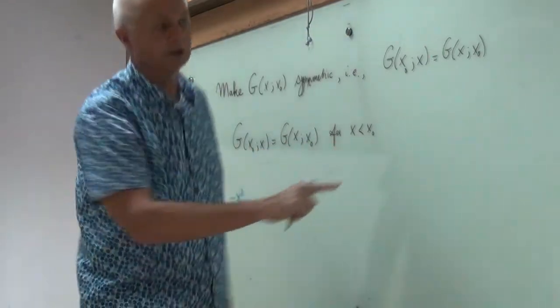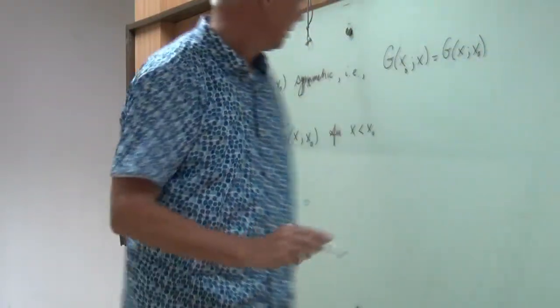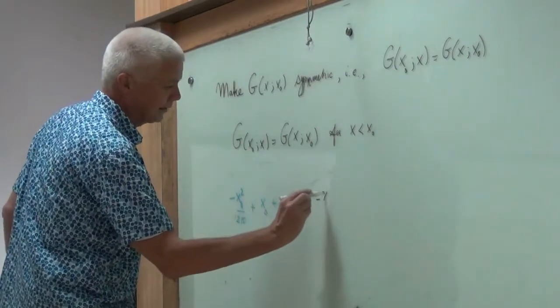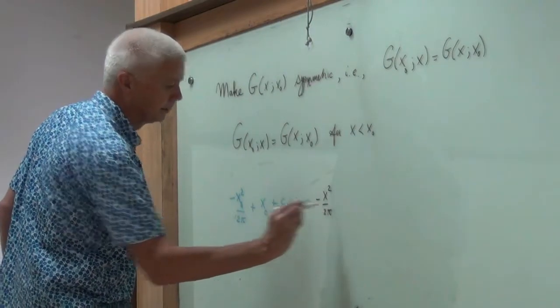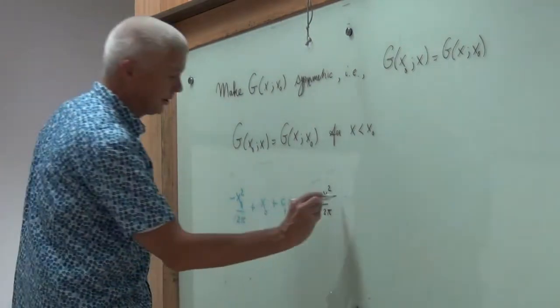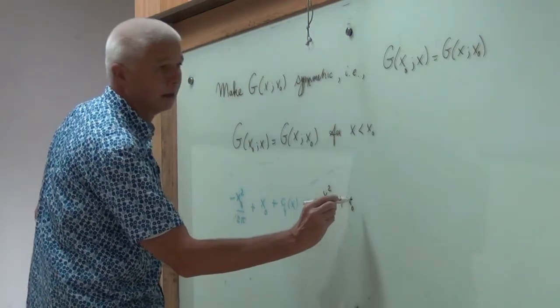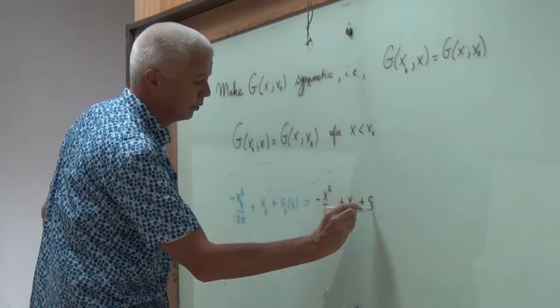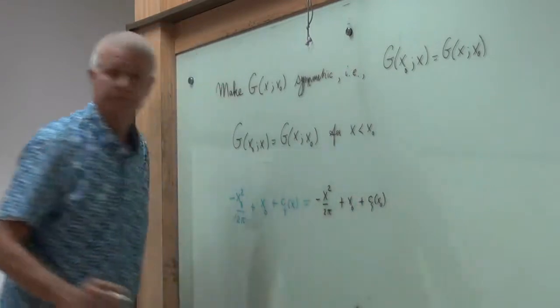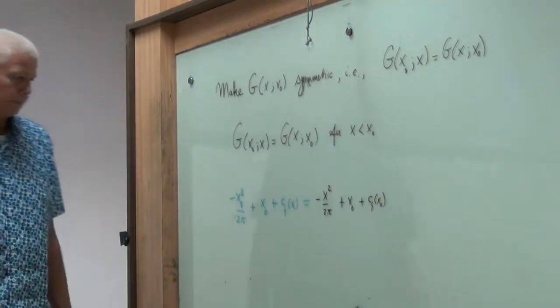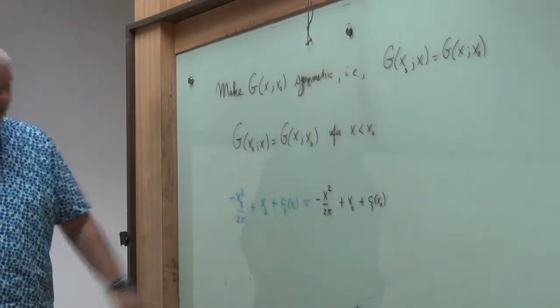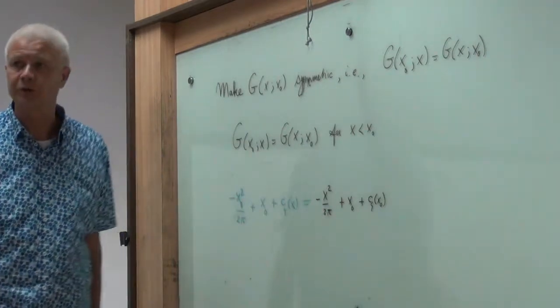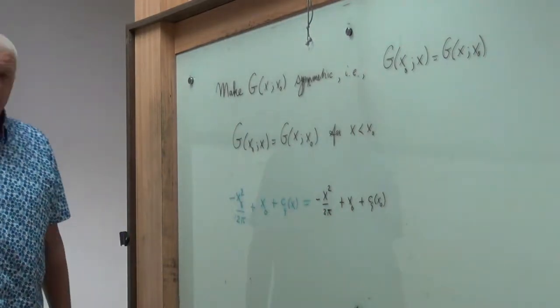The first argument is less than the second argument, so I should take this part. So I will get minus x squared over 2 pi plus x0 plus c4 x0. What do I see? Pleasantly, x0 here and x0 there cancel.